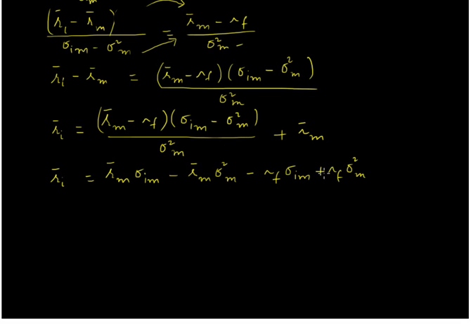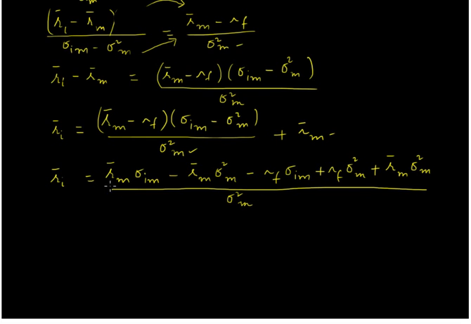I also want to do one more little thing. I want to have this variance of m as the common denominator for the entire thing. So what I'm going to have to do is to multiply this with this and write here plus Rm bar times variance of m, and then I can have variance of m as the common denominator for everything.